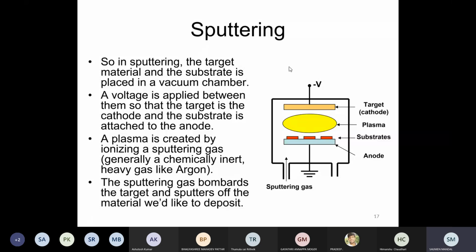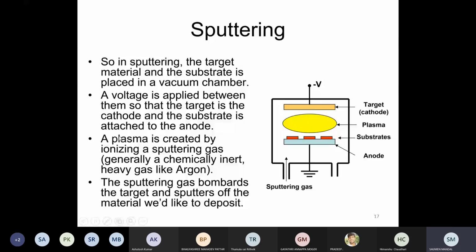So in sputtering, the target material and the substrate are placed in a vacuum. That is the basic requirement. This is the target cathode and this is the substrate. Voltage is applied between them so that the target is the cathode and the substrate is attached to the anode.